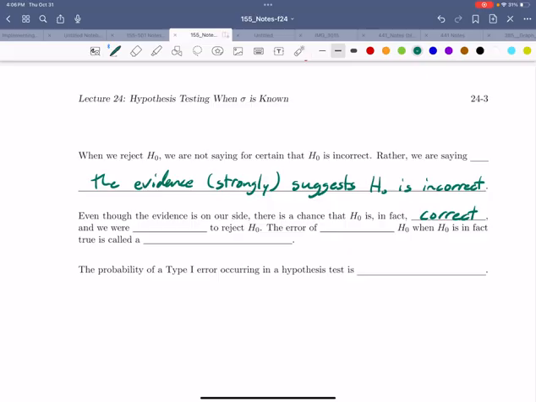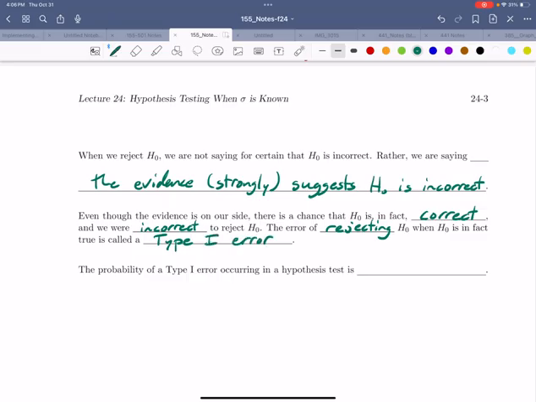But if it happens that the null hypothesis was correct and we were incorrect to reject it, the error of rejecting the null hypothesis when it's in fact true is called a type 1 error.